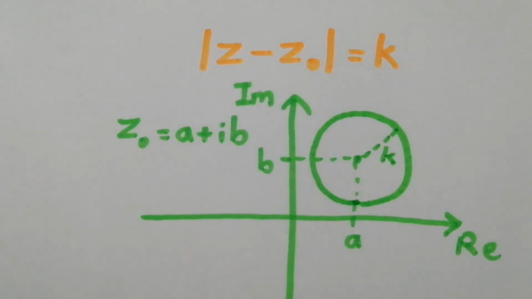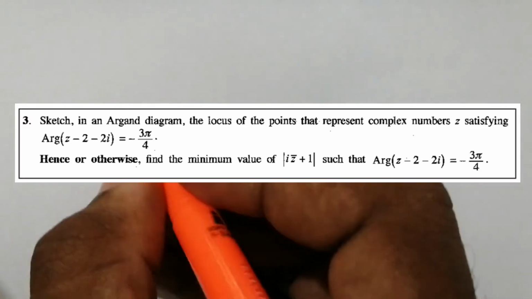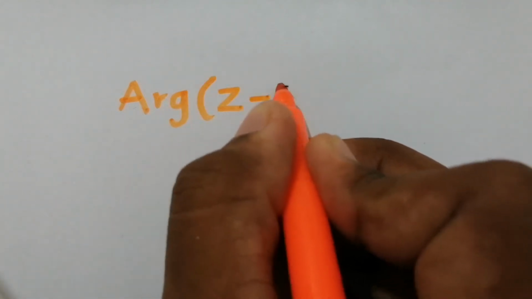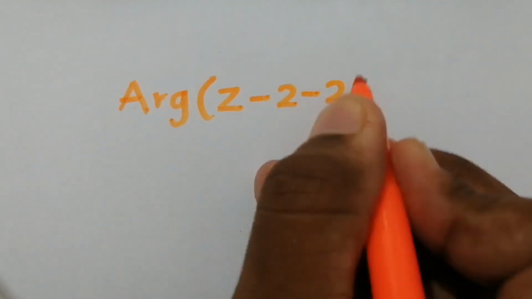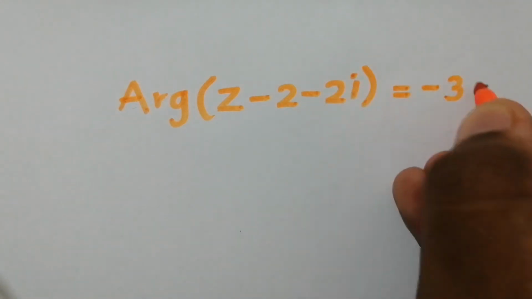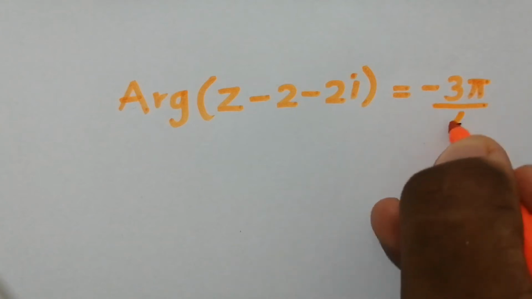Okay. Now let's move into the question. The question is: sketch in an Argand diagram the locus of the points that represent the complex number z satisfying arg(z minus 2 minus 2i) equals minus 3 pi upon 4.